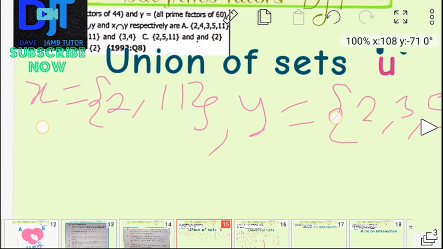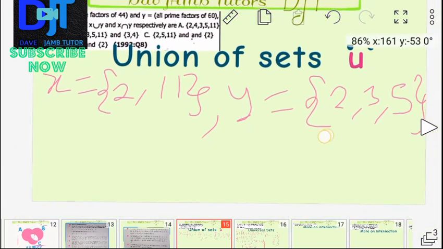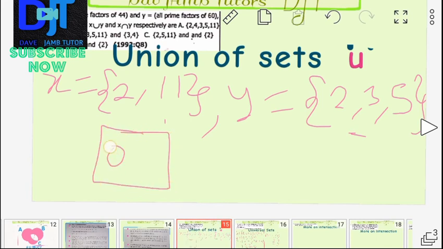So x union y means everything here and everything here. As I explained earlier, I explained it with a box. I drew 2 circles inside it and said if we say union, that means everything inside these two circles.